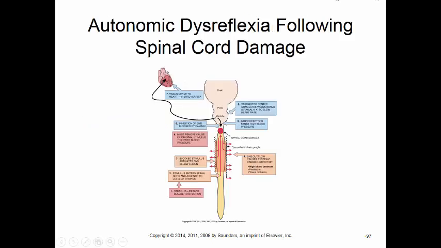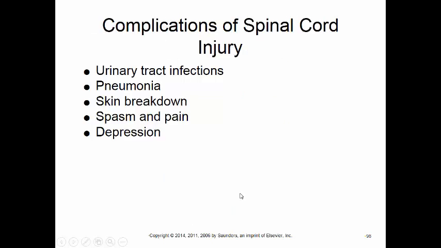So you can see that there's just this sympathetic storm taking place that cannot be controlled, where you see things like high blood pressure, headache, visual problems. And we're unable to calm everything back down to where it needs to be.